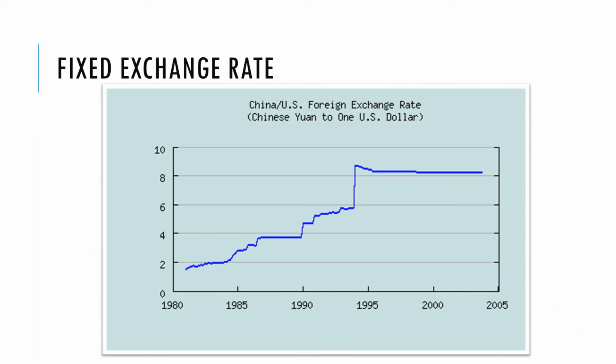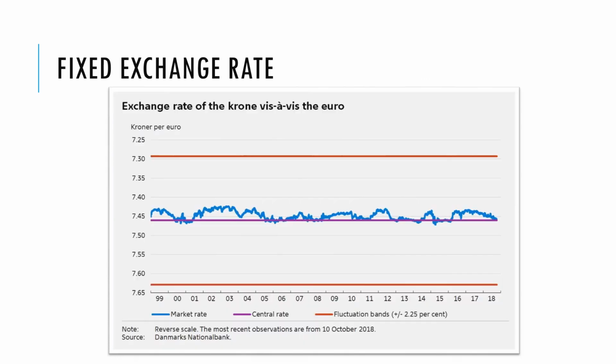An example of a fixed exchange rate might be the Chinese yuan. It's moved perhaps to more of a managed exchange rate these days, but you can see back in the late 90s and early noughties, this period here, the value is almost exactly fixed against the dollar, just over 8 Chinese yuan to 1 US dollar, and that was the Chinese government intervening in the market to maintain that value.